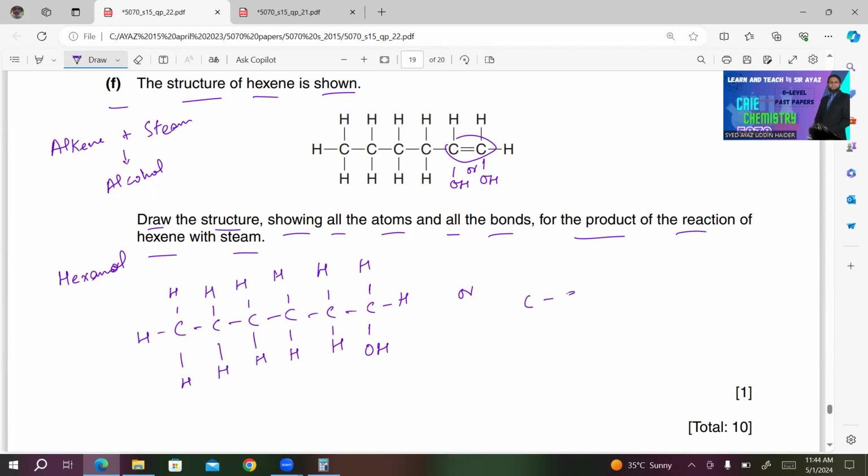This time OH is placed on the second carbon atom. This will be the second possibility. Both of these structures are correct. You can draw any one of these.